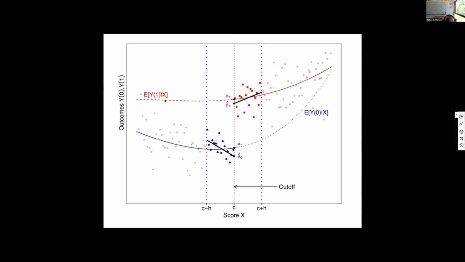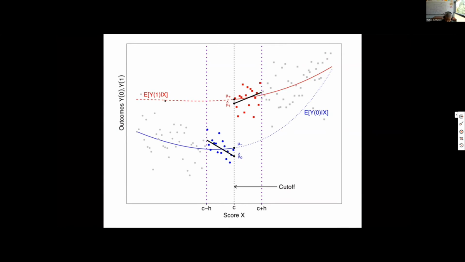And this vertical distance here is what we would call the bias, or the finite sample bias. I mean, of course, bias is defined in terms of expectation. So at the end, this is just one realization, but the idea is the same. So essentially, there will be a vertical distance that captures this difference. And we're going to refer to this as misspecification error.